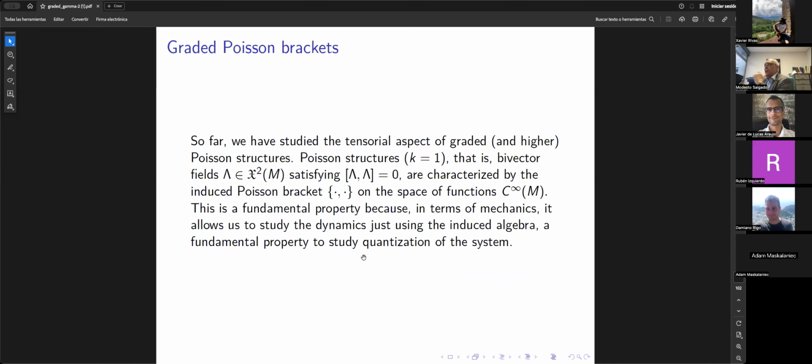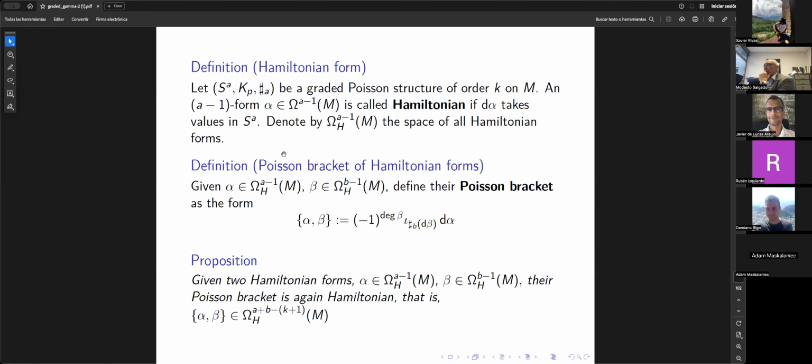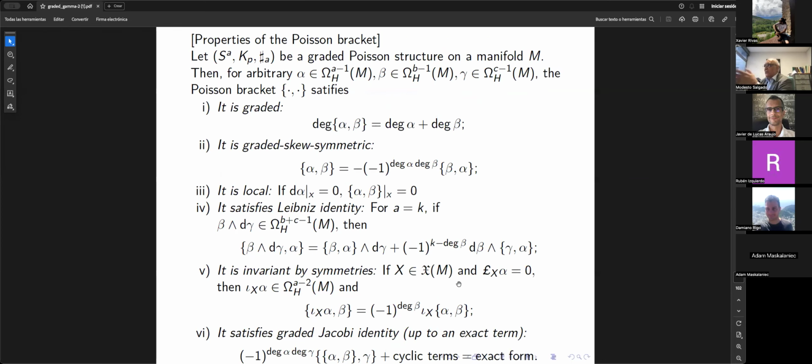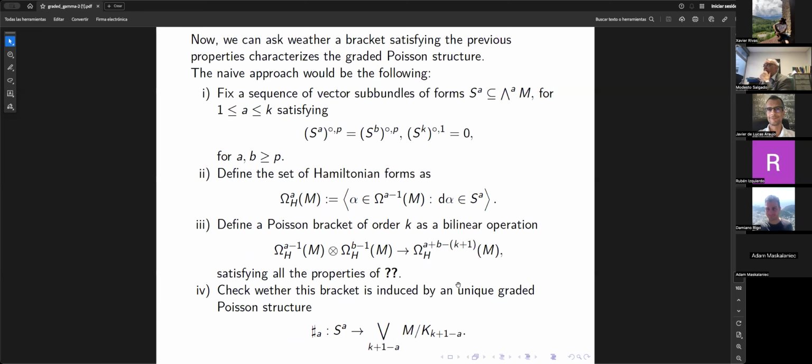of symplectic geometry. So we also have the notion of graded Poisson brackets. If you have a graded Poisson structure, we can repeat more or less the same procedure that I described for multisymplectic forms, and so we can obtain the bracket, satisfying all the properties that we need.